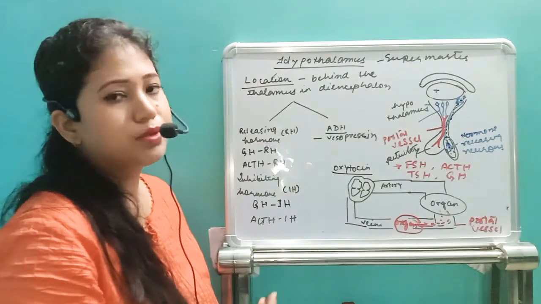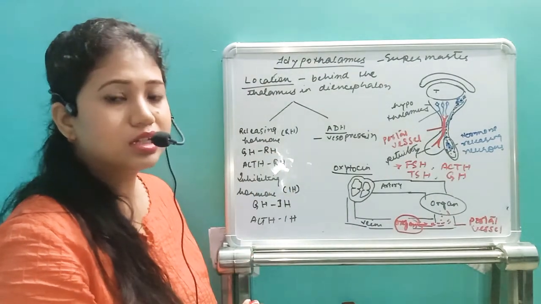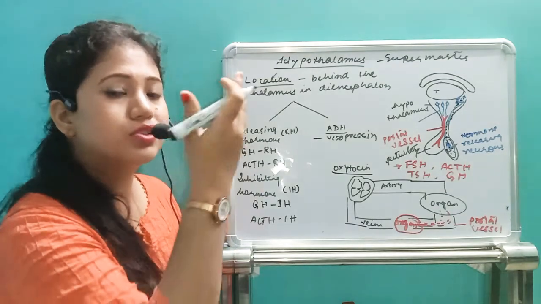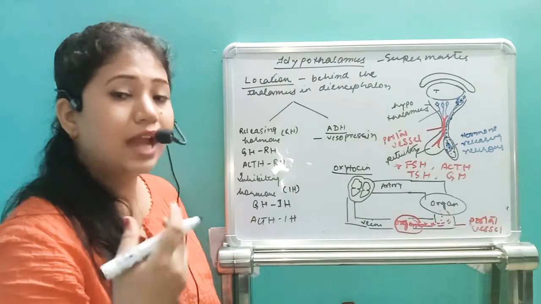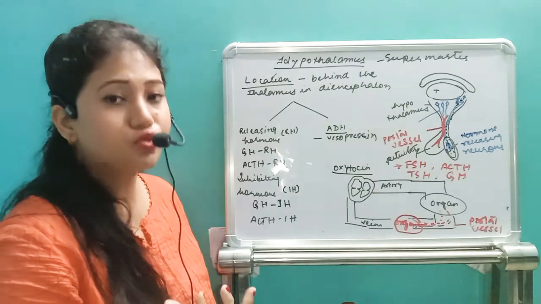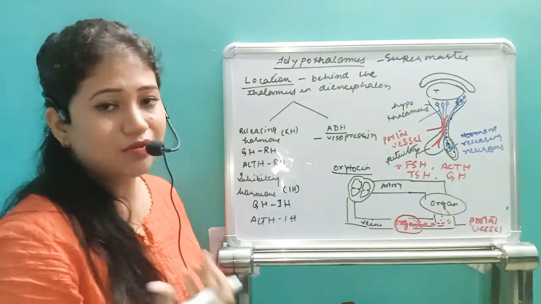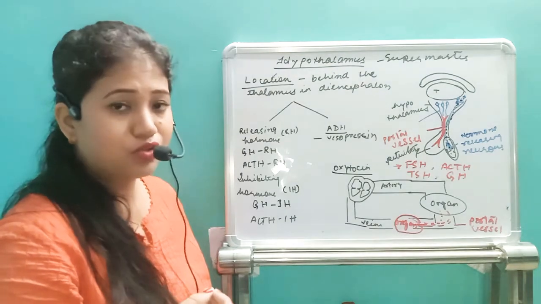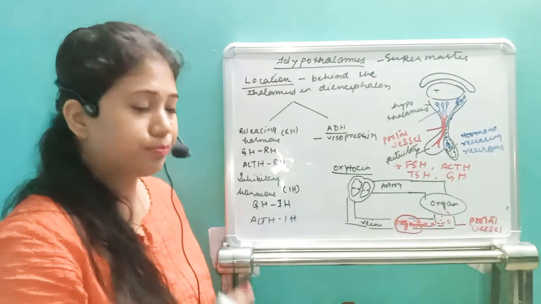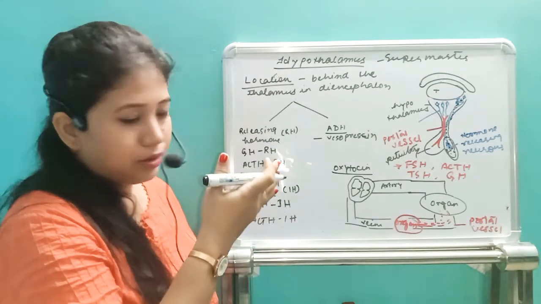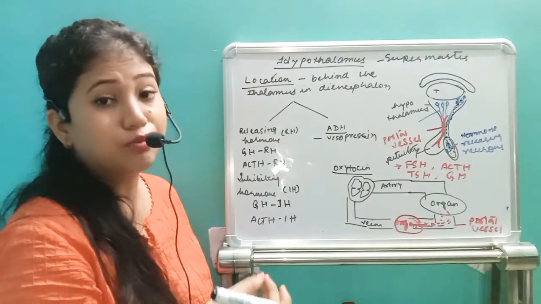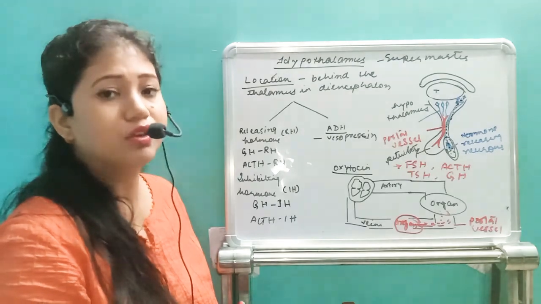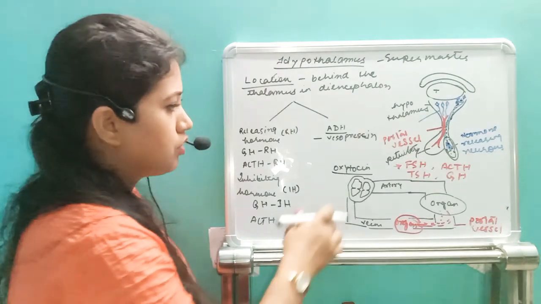The posterior pituitary does not secrete anything; it just releases the hormones secreted by the hypothalamus. The hypothalamus produces two hormones, oxytocin and vasopressin, or ADH, which pour into the same neuron, and via the neuron they reach the posterior pituitary, which releases them.